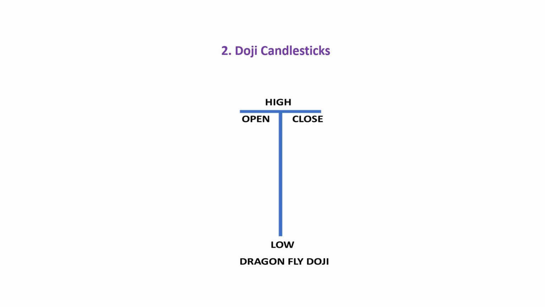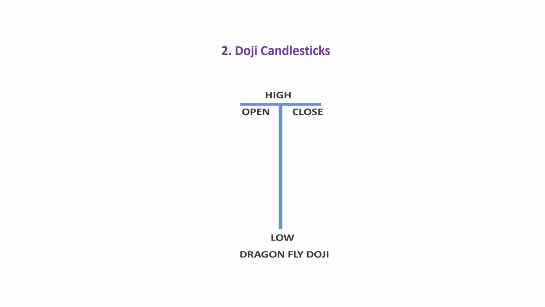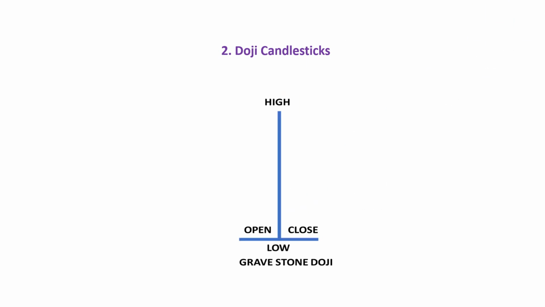It suggests a potential reversal from a downtrend to an uptrend. Number 4, gravestone doji. This pattern has a long upper shadow and a very small or non-existent lower shadow, with the opening and closing prices near the low of the period. It suggests a potential reversal from an uptrend to a downtrend.